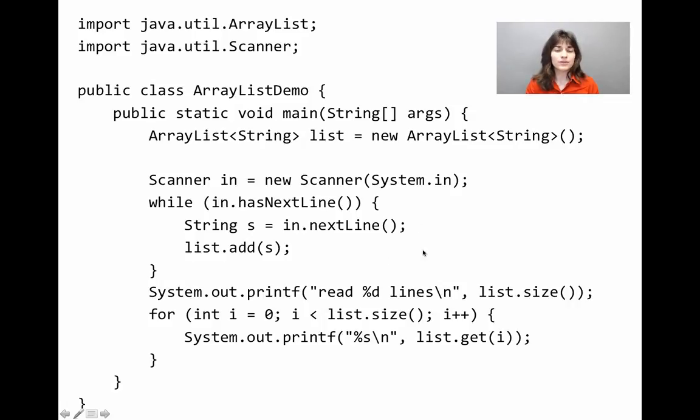Finally, after the user has input all of the lines that the user wished, we can print how many lines we have actually stored, and that will be the size of the list, because notice we store line after line at each position of the array list. So the size of the list will give us the number of lines that the user gave us. Finally, we can use list.size in order to create a definite for loop, and then print each of the lines that we read from the user by list.get(i).